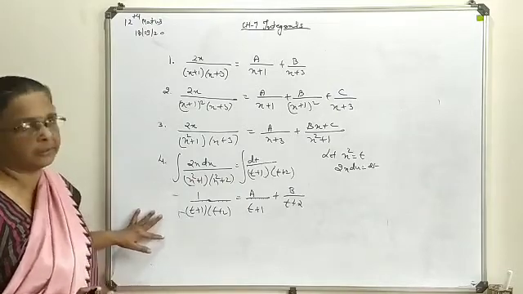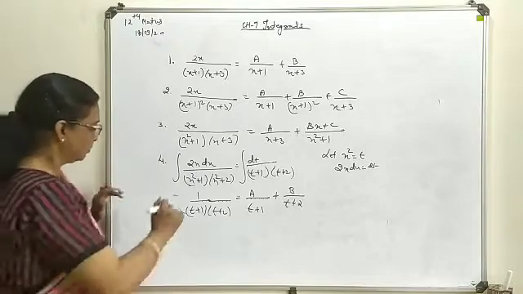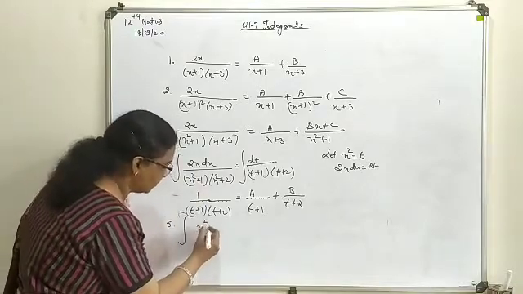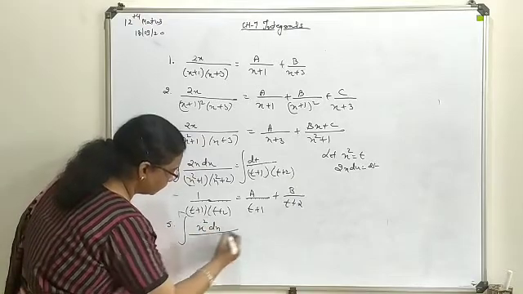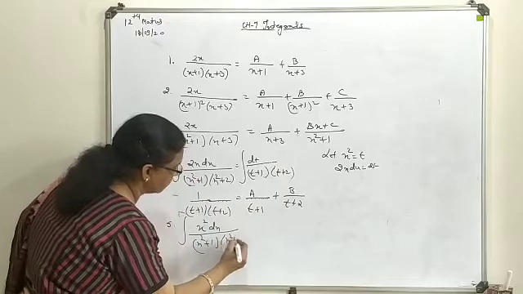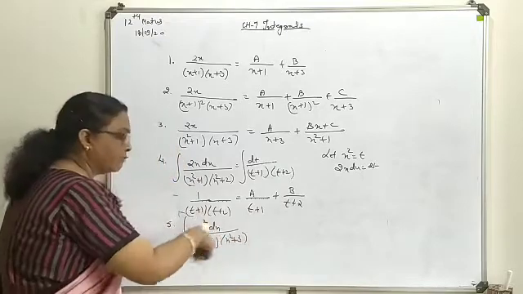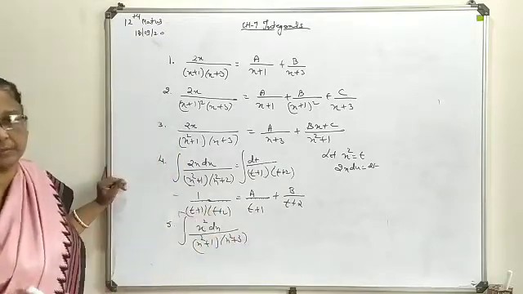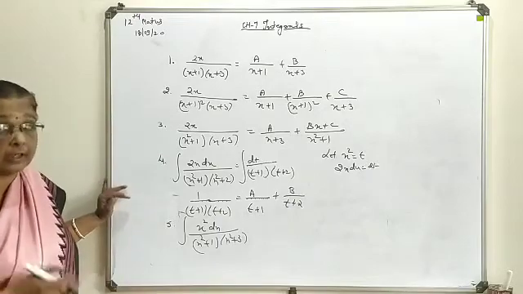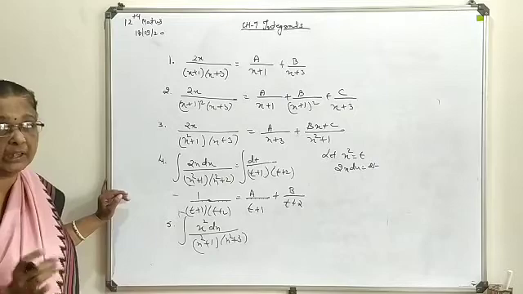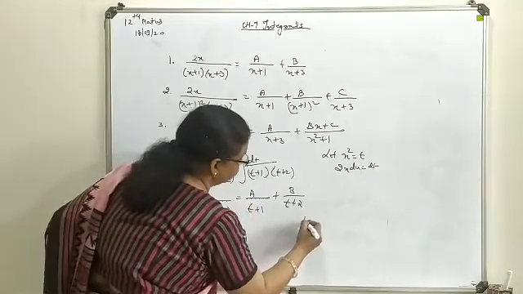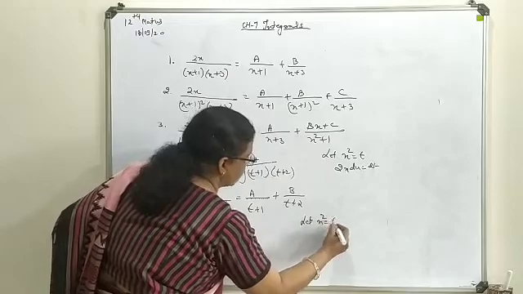Now the last form, and the important form, is: sometimes it may be possible that you are having this one. Everywhere we are having the x square term, so no need to make a derivative for the dt term. Only the term is to be replaced: let x square be t.